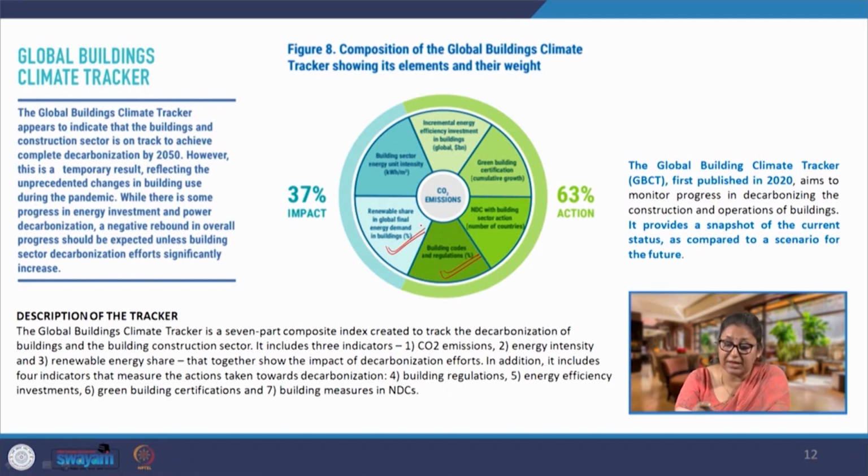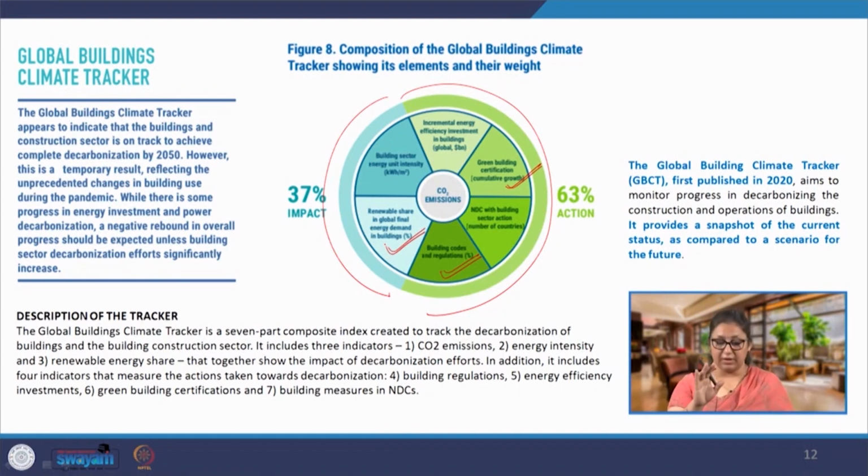Then we are also looking at green building certification. More and more green building certification implies that there is greater awareness and selection of more sustainable materials, and building designs and practices which are going more towards green, environment friendly and sustainable, thereby reducing the emissions. So, these are the action agendas and these are the impact agendas that we are talking about. They have identified 6 such indicators which are responsible for emissions.